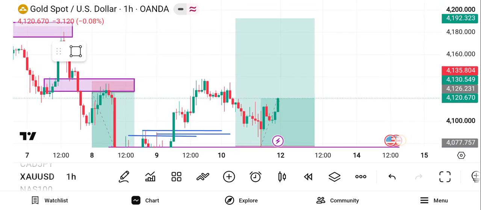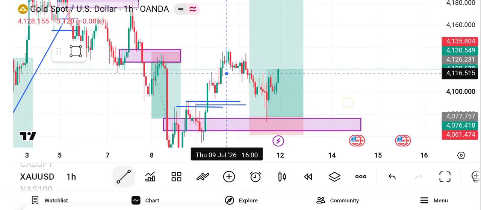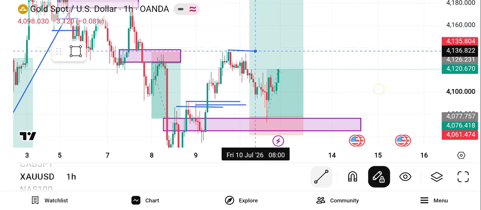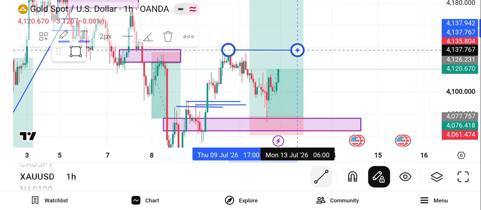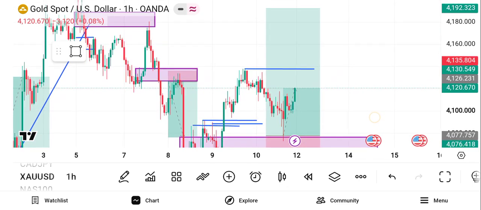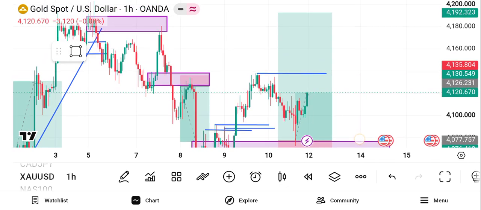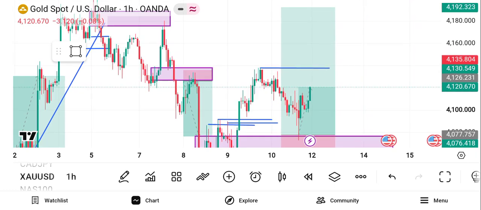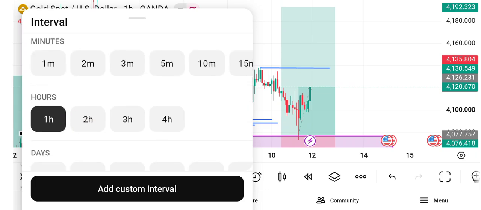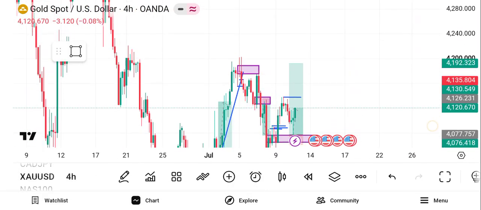From this, my TP is supposed to clear this high here, but I extended it above it. The reason being that there is a trend and liquidity on the 4-hour time frame that gold is going to clear, but based on the market condition now, gold might not.